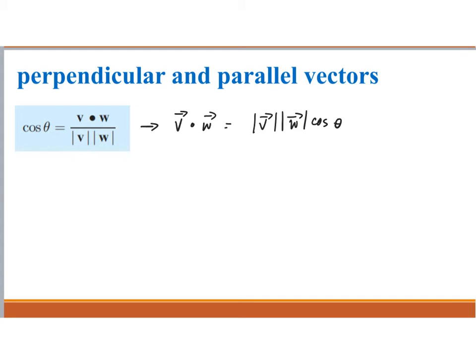Now, what happens to this equation when V and W are perpendicular? When V and W are perpendicular, it means that theta, the angle between them, is 90 degrees. So this formula becomes V dot W is equal to, now cosine 90 degrees is 0.